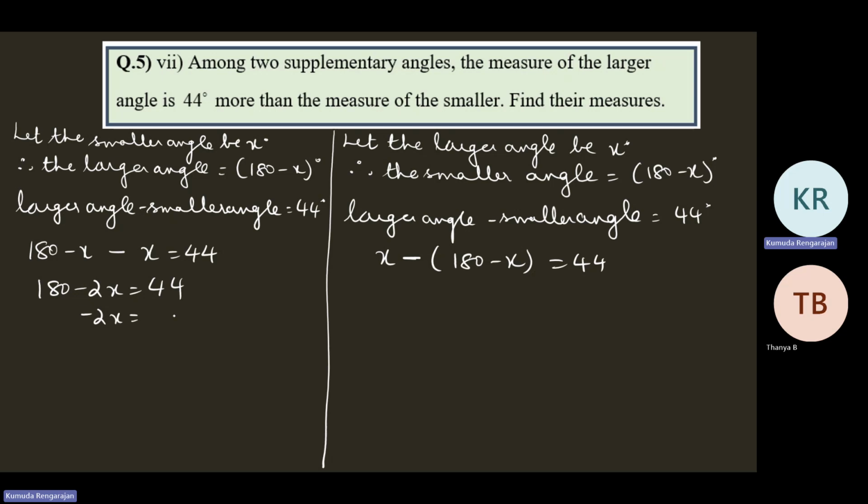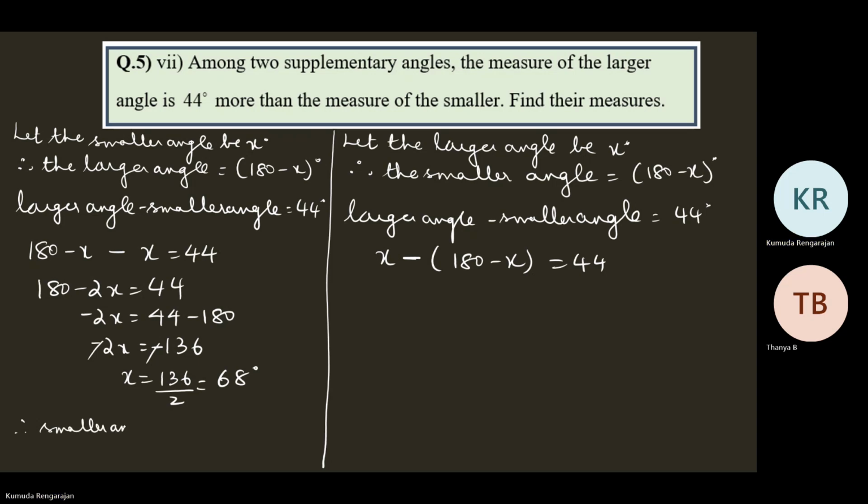Minus 2x is equal to 44 minus 180, minus 2x is equal to minus 136. Minus cancels, x is equal to 136 by 2, 68 degrees. Therefore, x is the smaller angle. So smaller angle is equal to 68 degrees, and the larger angle is equal to 180 minus x, 180 minus 68, which is 112 degrees.